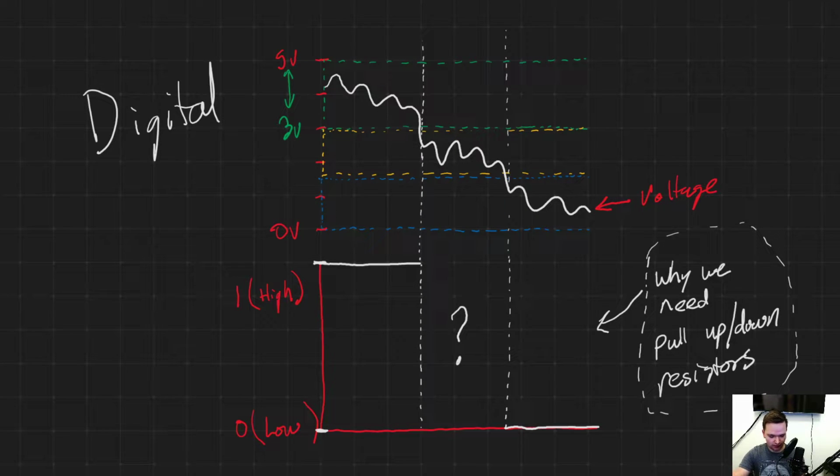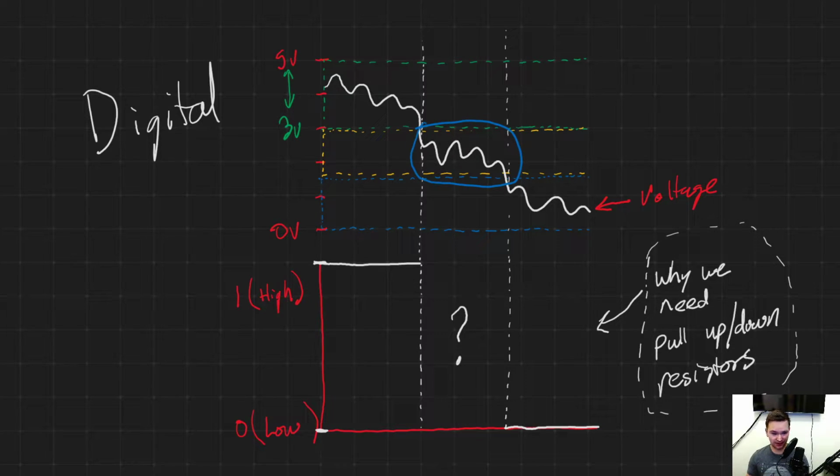But we have this weird intermediate value here, which is our high Z, and that is this section where it's kind of unknown. The computer doesn't really know, well, is this a high voltage? Is it a low voltage? It has to figure it out, and it has to give you a number of a 1 or a 0 and say it's high or it's low, but we have no idea what it's going to spit out here.